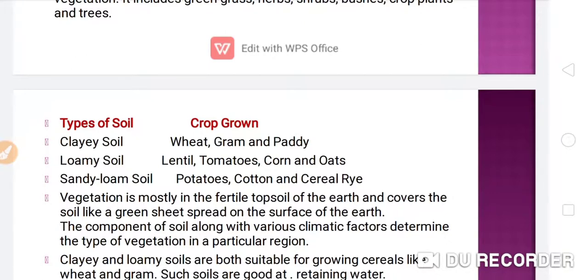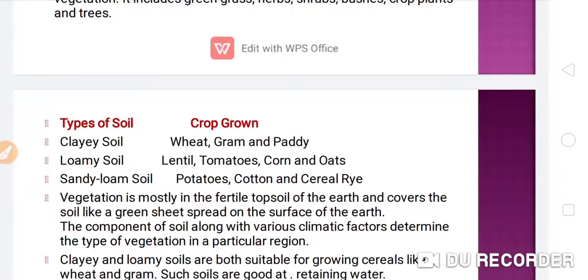If we talk about the loamy soil, it is suitable to produce lentil, tomatoes, corn and oats. And if we talk about sandy loam soil, which means both are mixed, it suits potatoes, cotton and cereals. So these are all the kinds of crops which we can cultivate in the different kinds of soils.